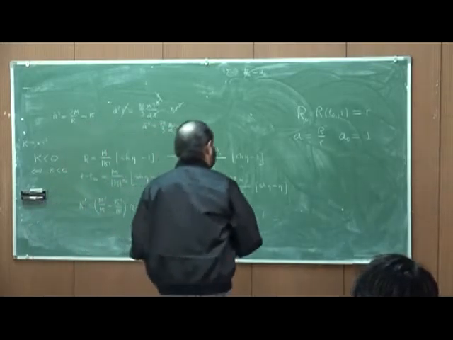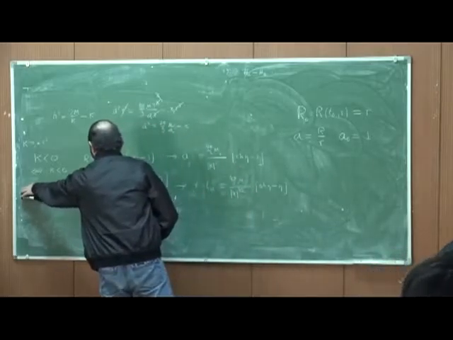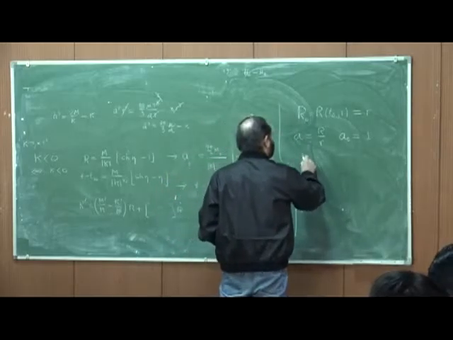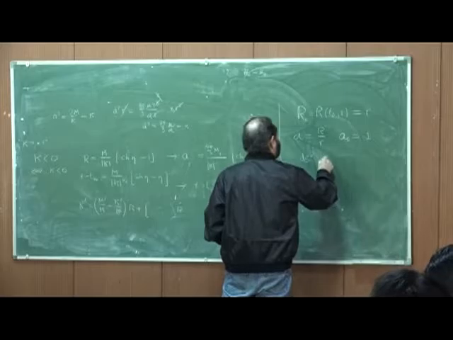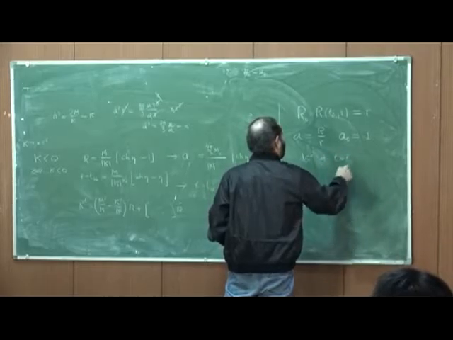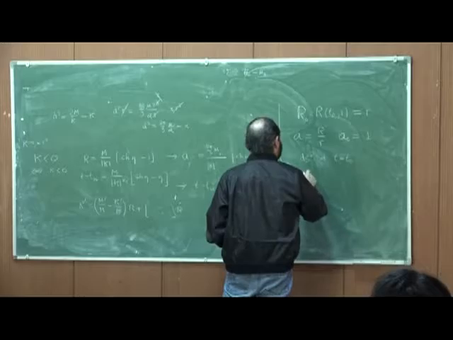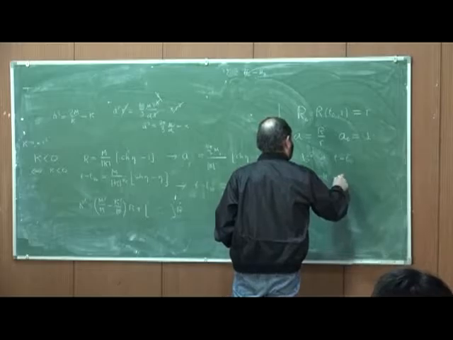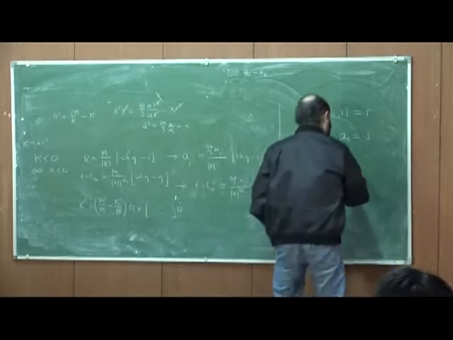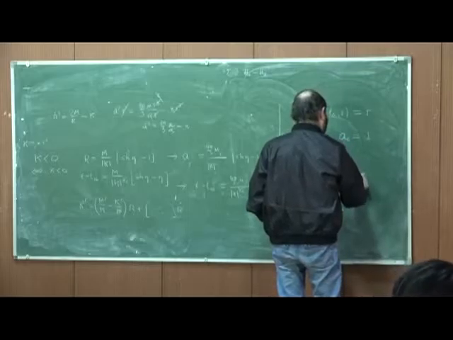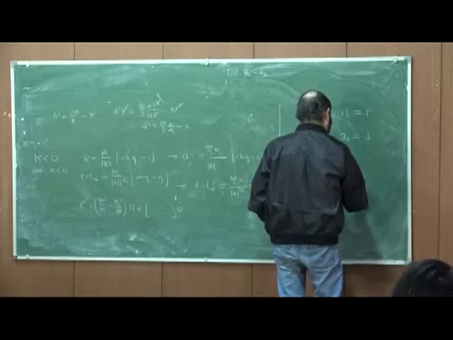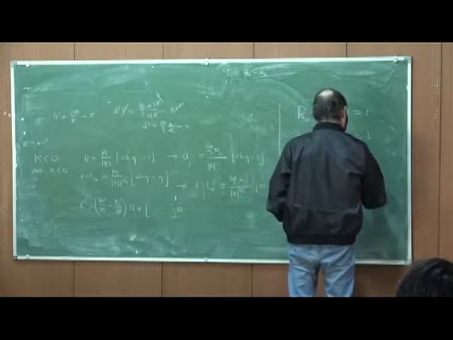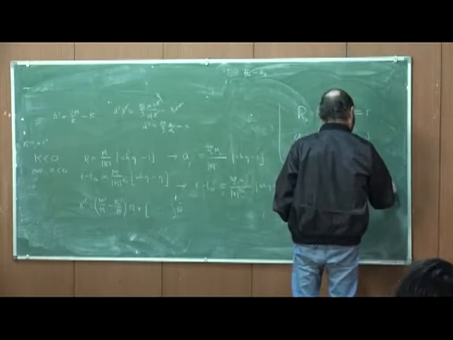So it is very illustrative to write the metric at t equals t0. The metric in general is ds squared equals minus dt squared plus a squared times gamma squared dr squared over 1 minus kappa r squared, plus r squared, then the angular part.